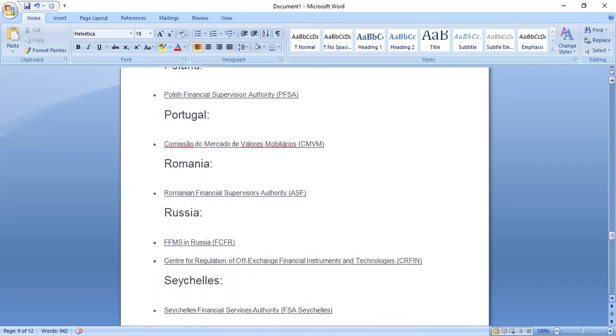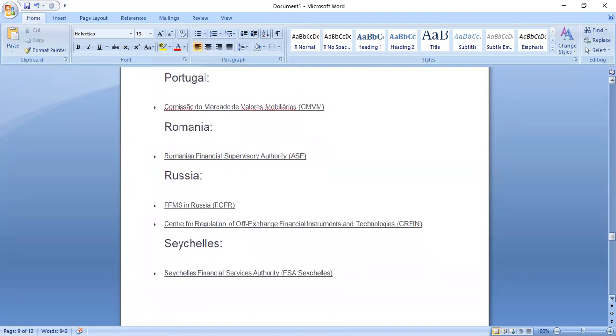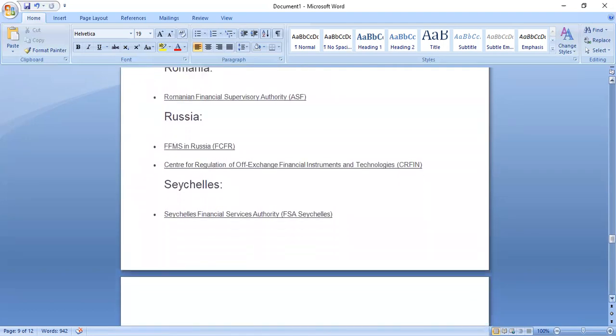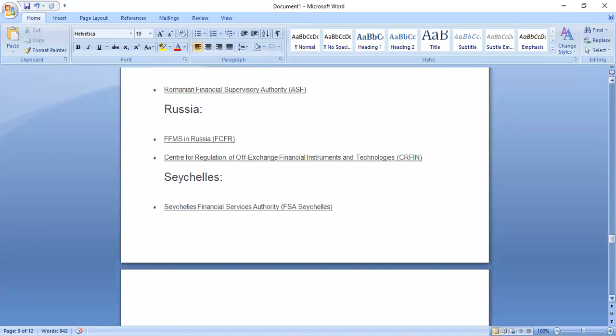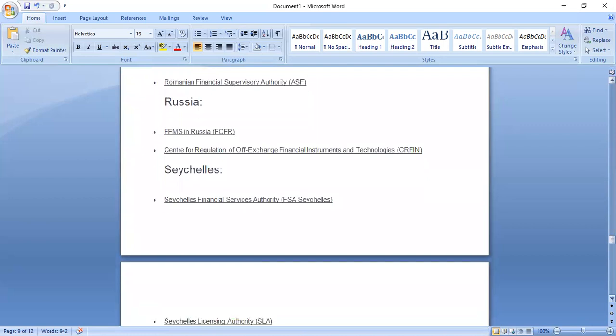In Portugal, we have the Comissão do Mercado de Valores Mobiliários. Pardon me if my pronunciation is not right, but that is the institution in Portugal, CMVM. In Romania, we have the Romania Financial Supervisory Authority, ASF. In Russia, we have the FFMS, which is also known as the FCFR.